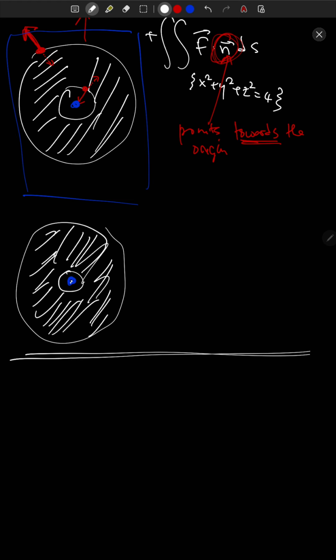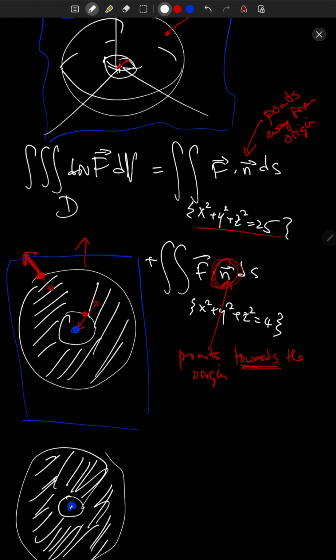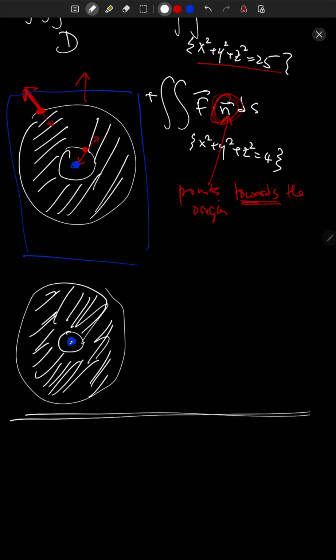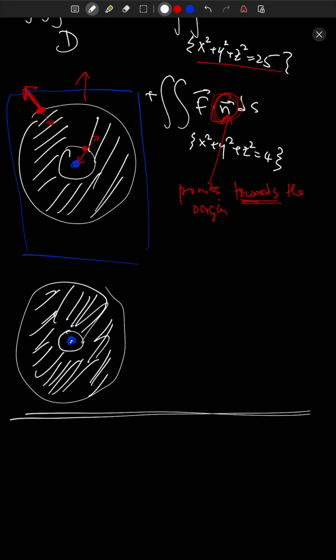So this is not a contrived example. It's actually a really important class of examples that we use to study real things, because in real life vector fields might not be defined, and so you're going to have to cut out a hole in your region when you apply your theorems.